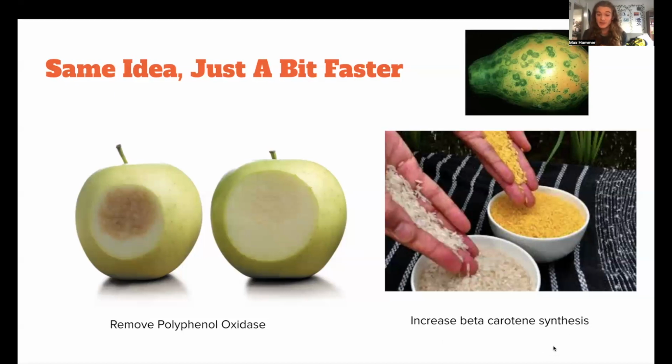And in some of these countries, people don't get enough beta carotene, which is an essential vitamin. It's important for your eyes to be able to see. So scientists created this new rice where they inserted the gene that makes beta carotene synthesis into the rice. And now that rice is able to produce a ton of beta carotene. You can eat that rice and get all that vitamin just from eating the rice. The rice has all the instructions to make it, and they can turn it on, and it makes a bunch of beta carotene.